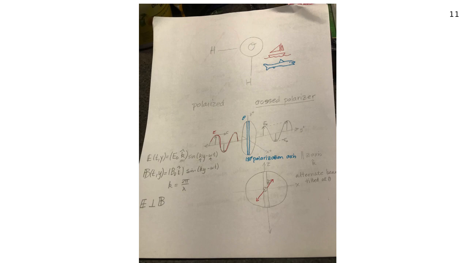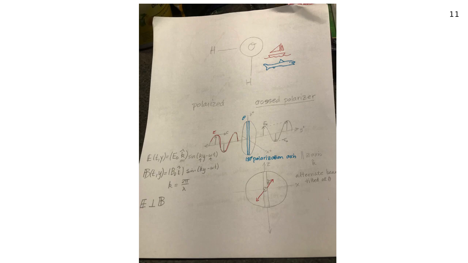There's a sine curve for the E field amplitude, I should say. And also it's moving. I'll put an arrow to signify the speed of light this way. So it's moving at the speed of light towards the positive y-axis.